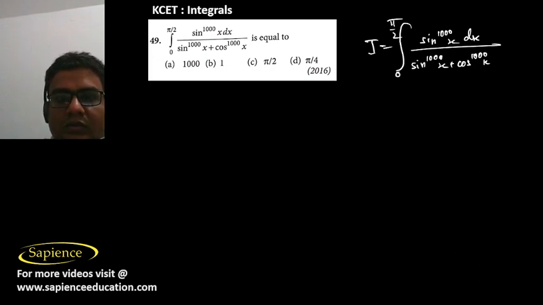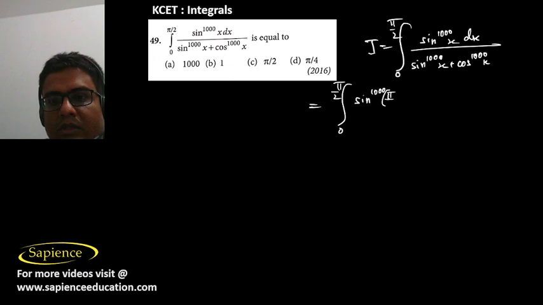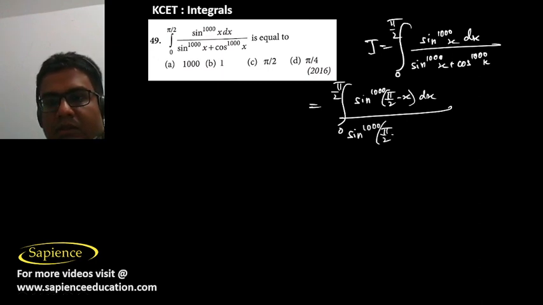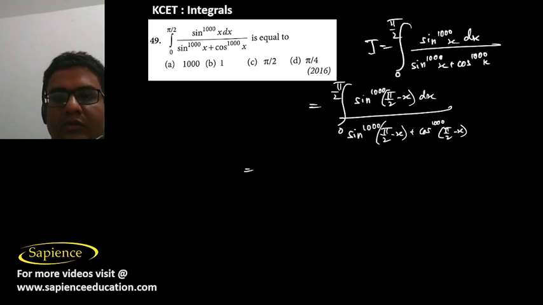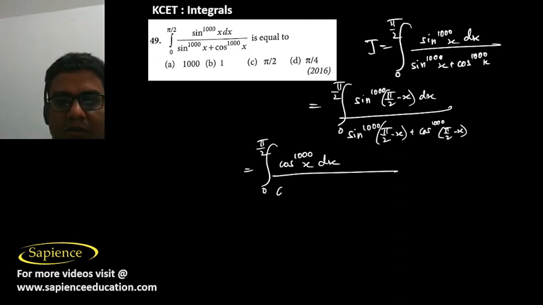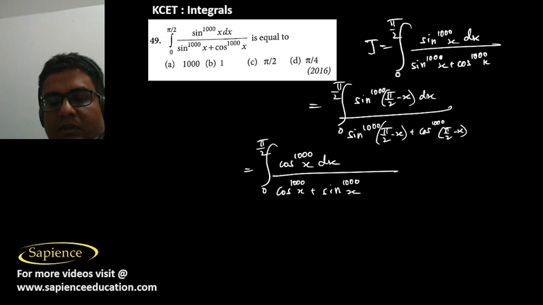So now this integral can also be written as the integral from 0 to pi by 2 of sin^1000 (pi by 2 minus x) dx divided by sin^1000 (pi by 2 minus x) plus cos^1000 (pi by 2 minus x) dx. Sin (pi by 2 minus x) is cos x, so cos^1000 x dx divided by cos^1000 x plus sin^1000 x, since cos (pi by 2 minus x) is sin x. So this is also I.